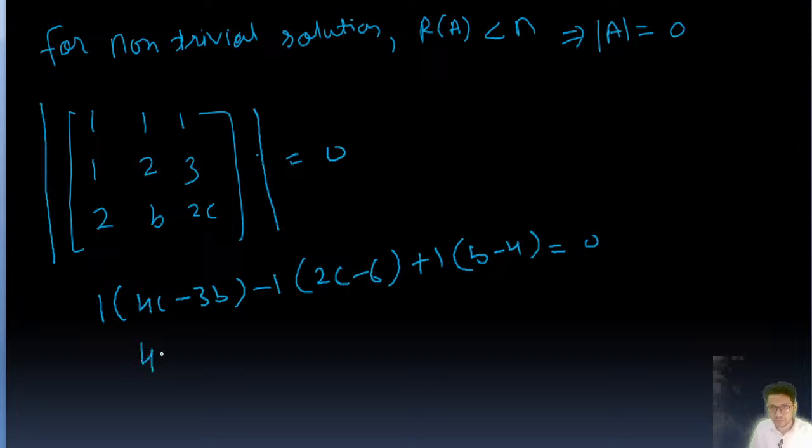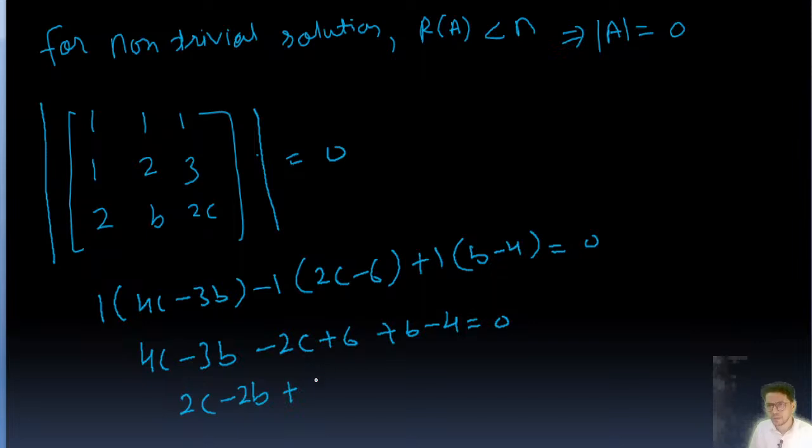So this is going to be 4c minus 3b, minus 2c plus 6, plus b minus 4, equal to 0. So this gives 2c minus 2b plus 2 equal to 0.